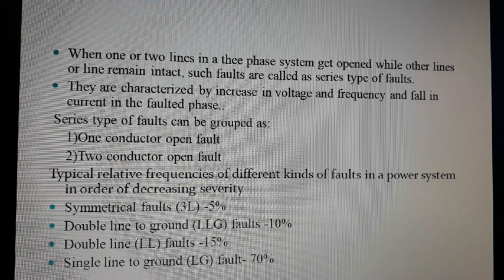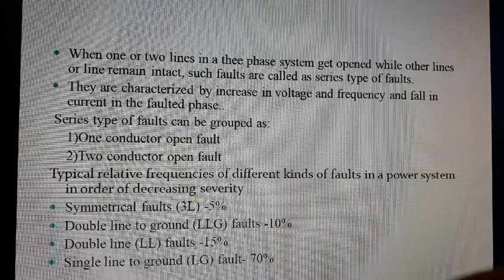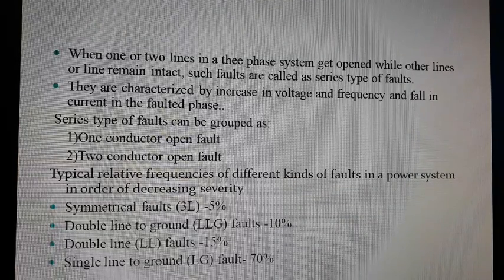The frequency with which the different kinds of faults occur, in the order of decreasing severity, has been listed here. Symmetric faults occur with a frequency of 5%, double line to ground fault 10%, double line faults, that is line to line fault without involving ground, 15%, and single line to ground fault 70%.